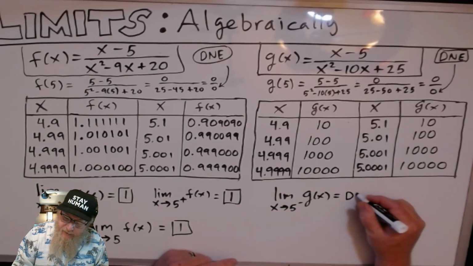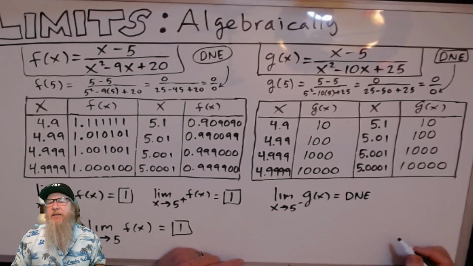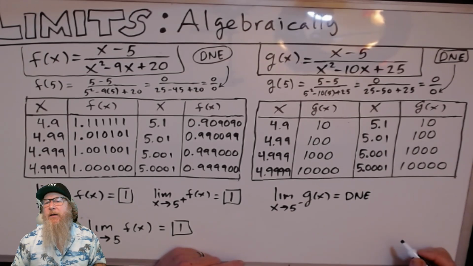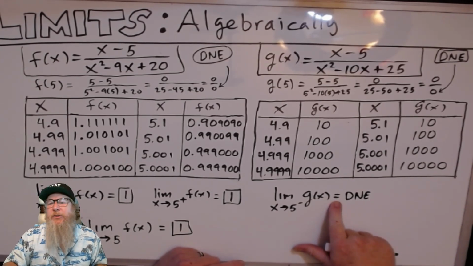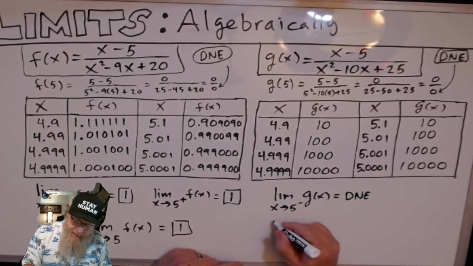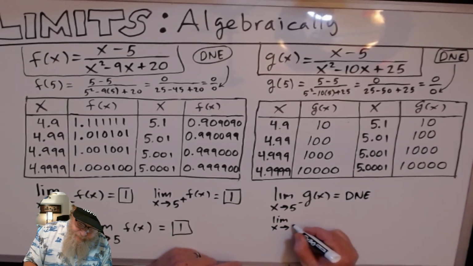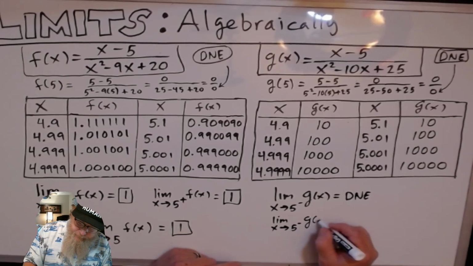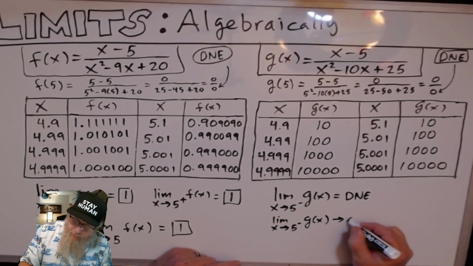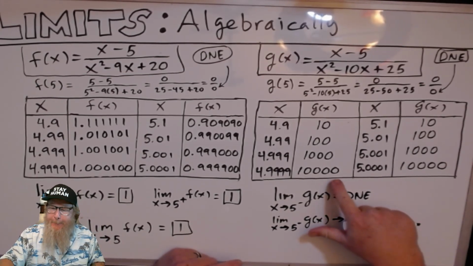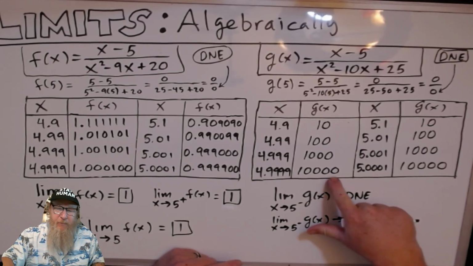So that means the limit does not exist. All right. We can't say that it's equal to infinity, but we can say it approaches infinity. Okay? It's approaching infinity.